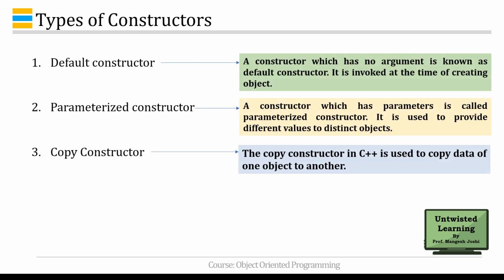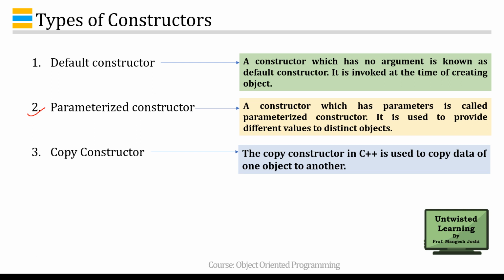Now mainly there are three types of constructors: default constructor, parameterized constructor, and copy constructor. A constructor which has no argument is known as a default constructor. It is invoked at the time of creating the object. The second type is the parameterized constructor.